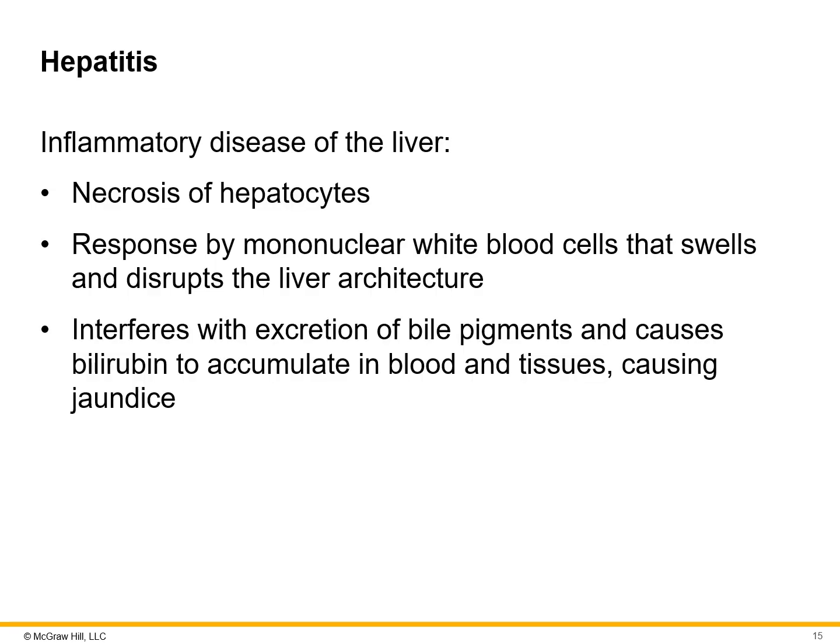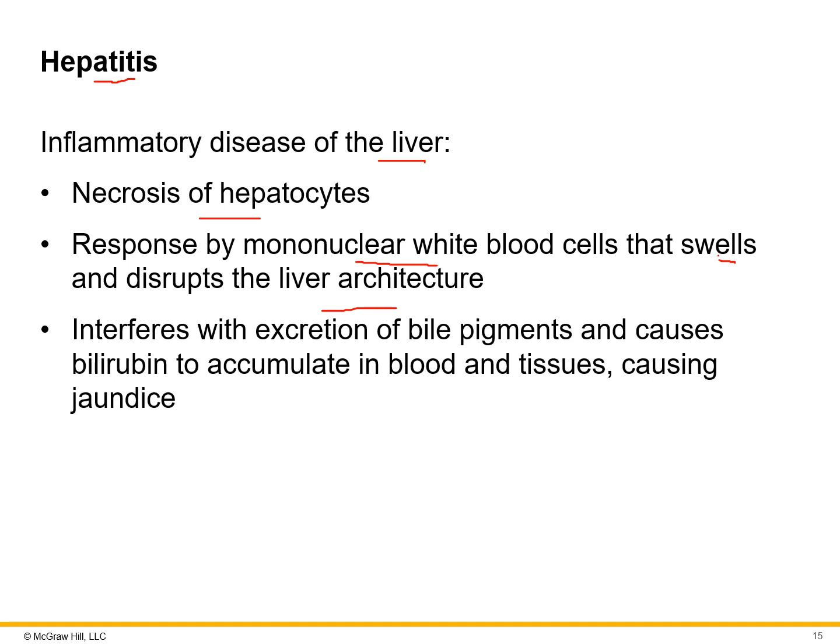Now moving into some of the other GI diseases, so hepatitis here, which is an inflammatory disease of the liver. It causes necrosis or the death of the liver cells called hepatocytes. It's a response by the mononuclear white blood cells, so again, our immune system swells and disrupts the liver architecture, so again, a lot of damage from trying to defend against the microbe more than the microbe itself necessarily.